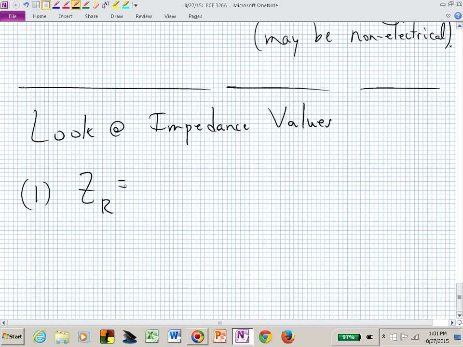What's the impedance of a resistor in sinusoidal steady state? That's what we're playing with now. We're assuming we are in sinusoidal steady state. All the transients have died out.